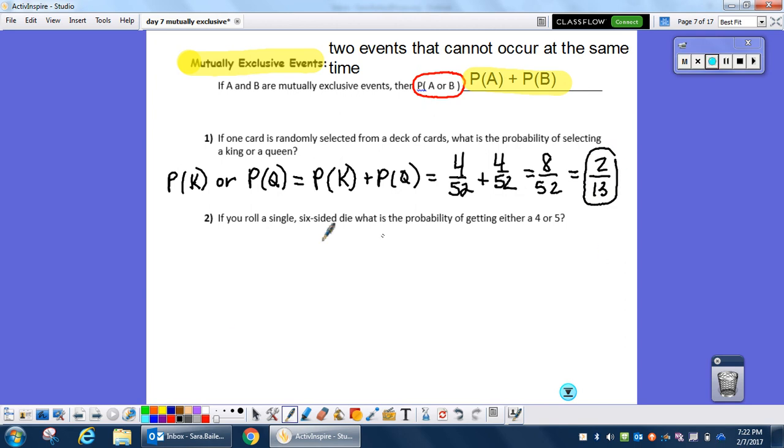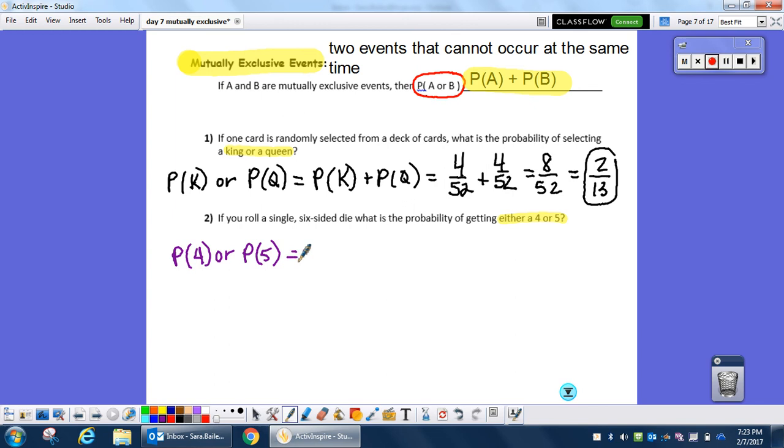Okay? So our other example is a 6-sided die, what's the probability of getting a 4 or a 5? So you can't get both at one time because a 4 is not a 5. So you might want to make sure you pay attention that this is the or probability because next class we're going to see the and probability. So you might also want to make that note that it's the or.